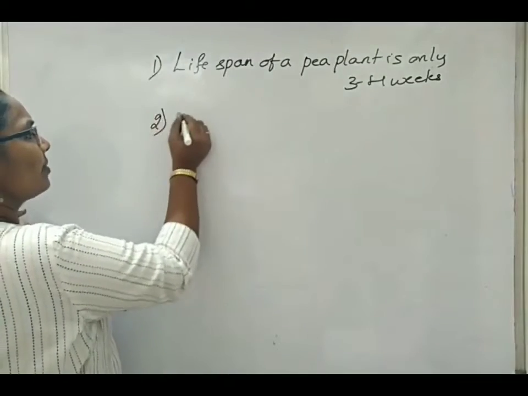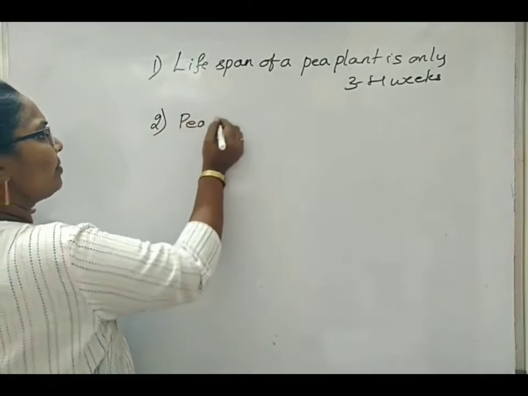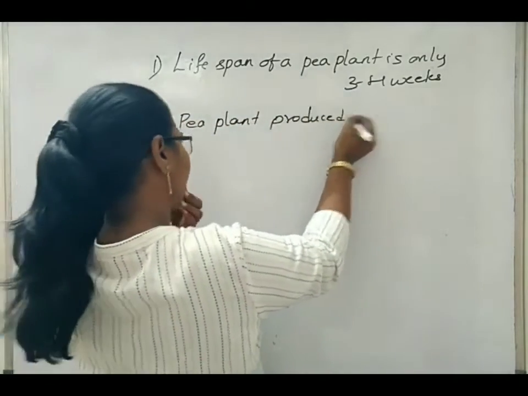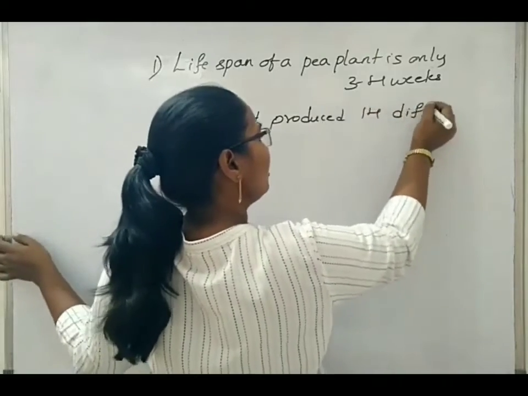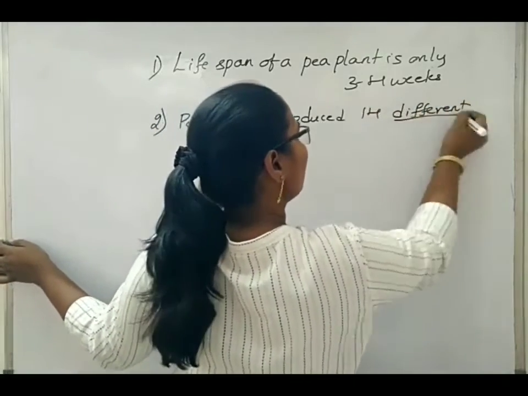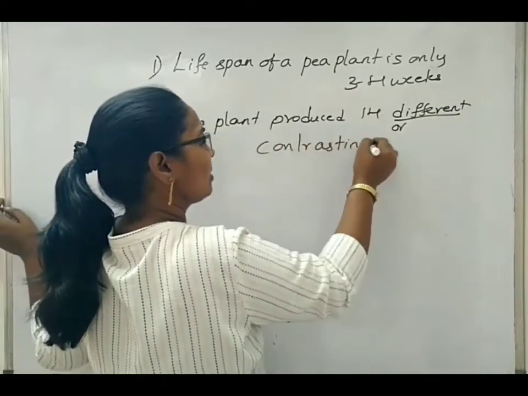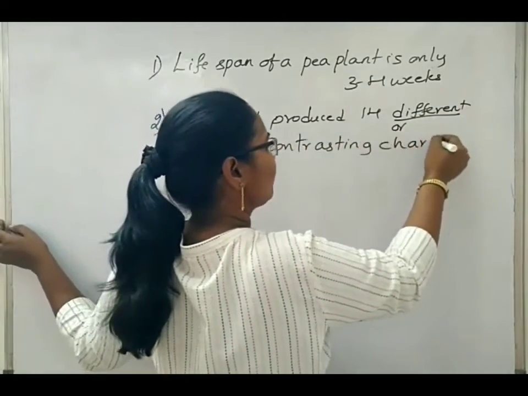Second, the pea plant produced 14 different or contrasting characters.